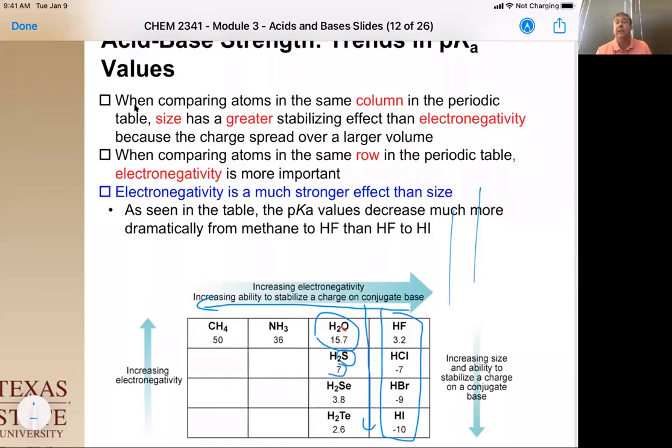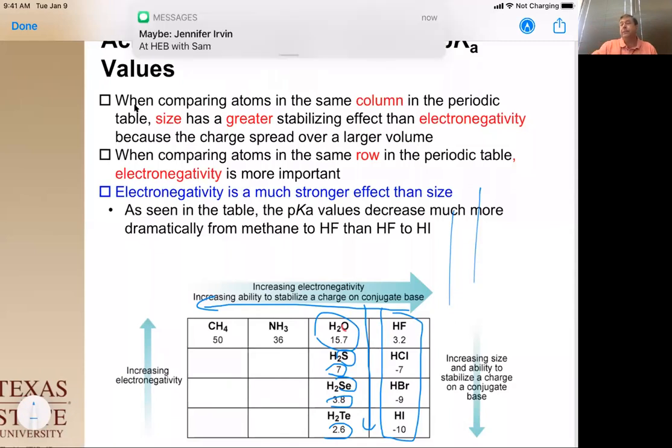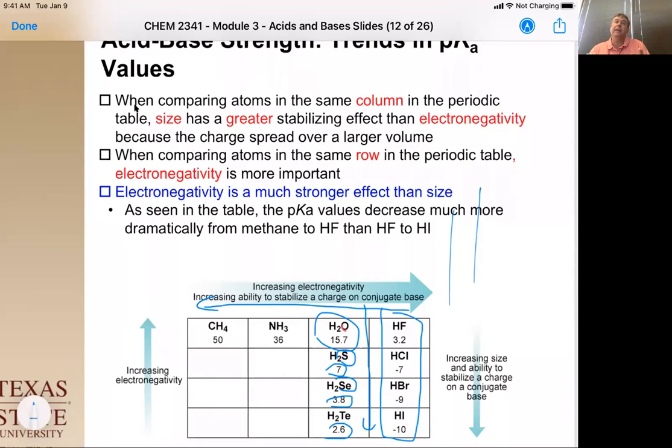It's more acidic. Selenium is even bigger. It's more acidic. And tellurium is the most acidic of that column. Those are all in the same group. The only difference is their size. So we're comparing and contrasting electronegativity versus size. Okay, we're going to end there.